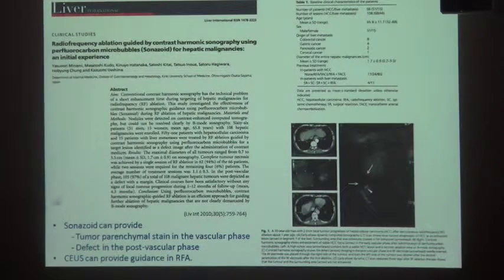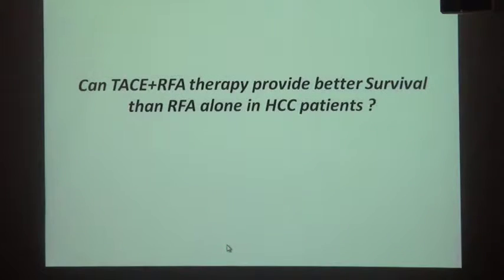Contrast enhanced US guidance in RFA is another method. Contrast enhanced US using Sonazoid can show tumor stain in the vascular phase and defect in the post-vascular phase. Contrast enhanced US can provide guidance in RFA.